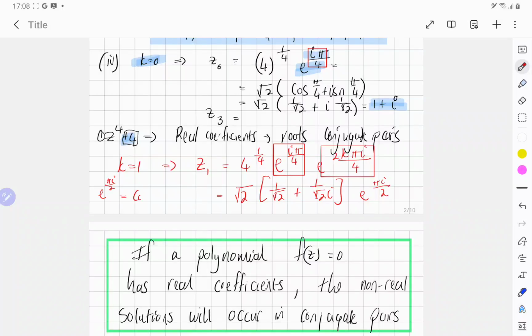You can study that one. It's cos π/2 plus i sin π/2. Cos π/2 is 0, sine π/2 is 1, so for this answer, we just get i. So we just have an i there, and if we multiply that out, we will just get minus 1 plus i.